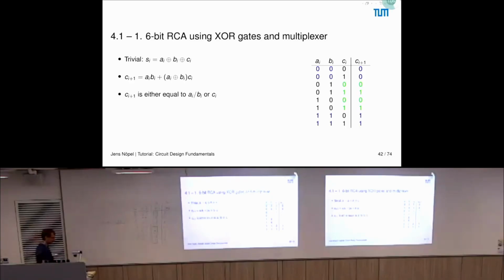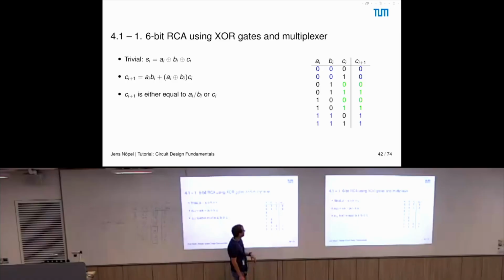And now we need to think of, okay, we don't have AND and OR gates, right? We only have XOR gates and multiplexers that we can use. So maybe let's think of this a little bit in a different way. Let's have a look at Ci plus 1 and see how it corresponds to things. We see here the green part, and we see that Ci plus 1 corresponds to Ci for this part here.